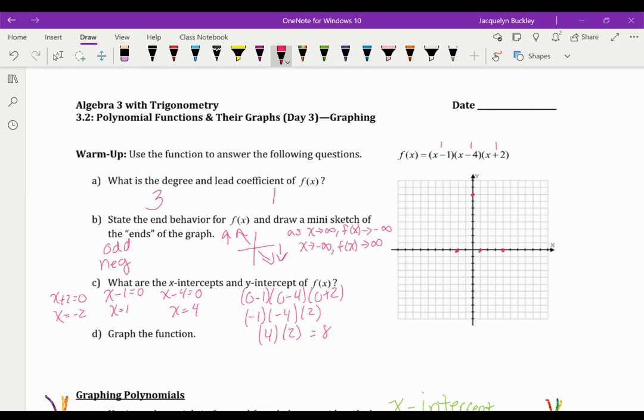So if it doesn't look right to you, always plug it into your calculator. X minus 1 times x minus 4 times x plus 2. That's because I had it going the wrong way.